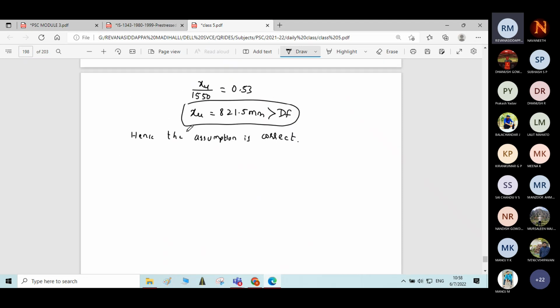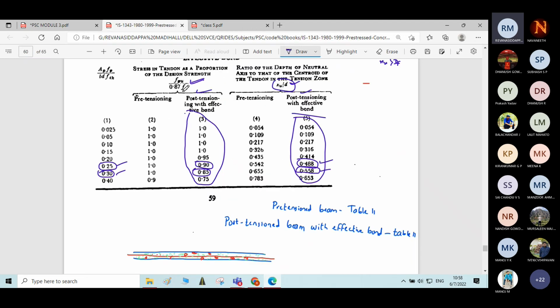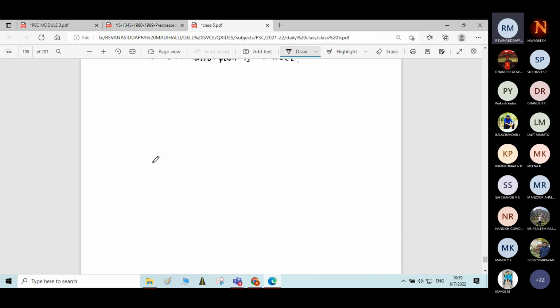Now XU we got, we need one more value, FPU. Refer to this table. Corresponding to 0.25, value 0.9, corresponding to 0.3, value 0.85, for 0.28 you can estimate.